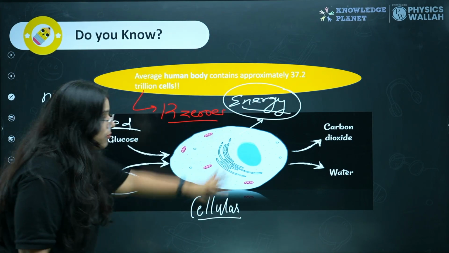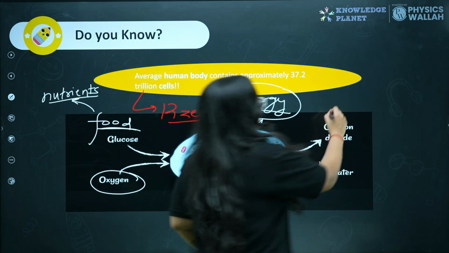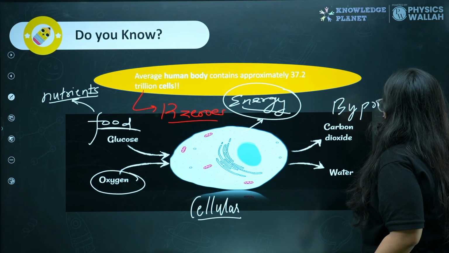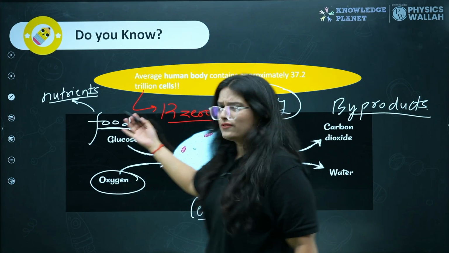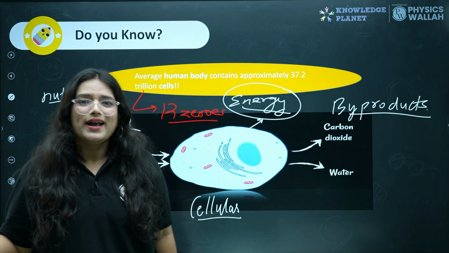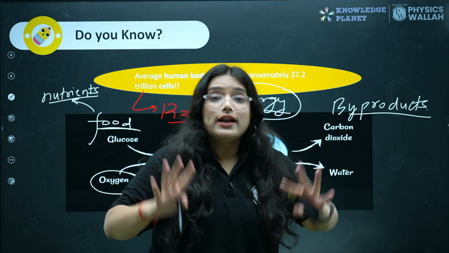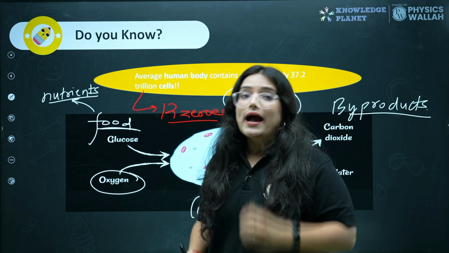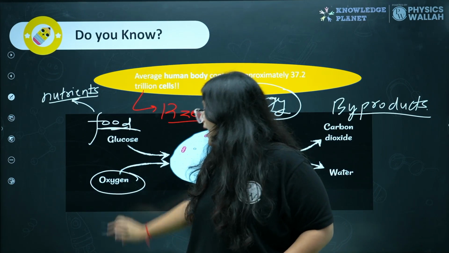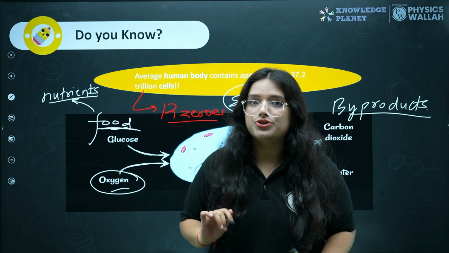So in this process, we will receive certain byproducts as well. Now let us talk about where we get this food and oxygen from. So let's talk about the certain processes going on in our life so that we can acquire this food and oxygen to make energy.